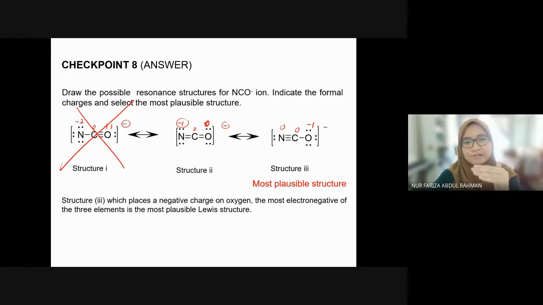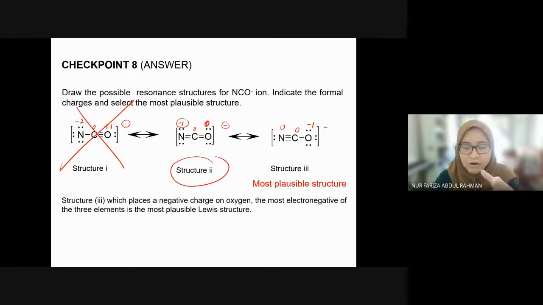Now to compare between structure 2 and structure 3, we have to decide. We cannot compare in terms of carbon, obviously, because both have the same formal charge for carbon. In fact, for structure 1 also, carbon has formal charge 0. So we have to consider the electronegativity of the atoms in the molecule. Let's look at structure 2 first.